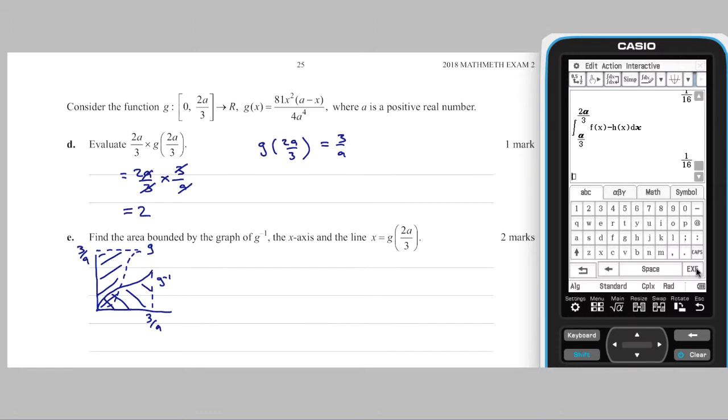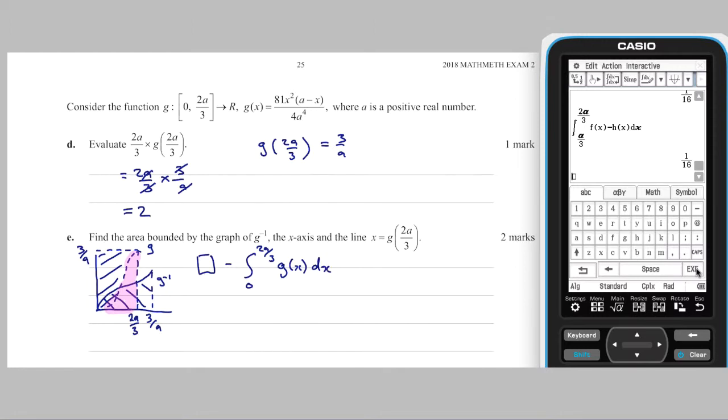And this area is equal to the area of the rectangle bounded by x equals 2a over 3, subtract the area under g of x, i.e. the rectangle minus the integral from 0 to 2a over 3 of g of x dx.